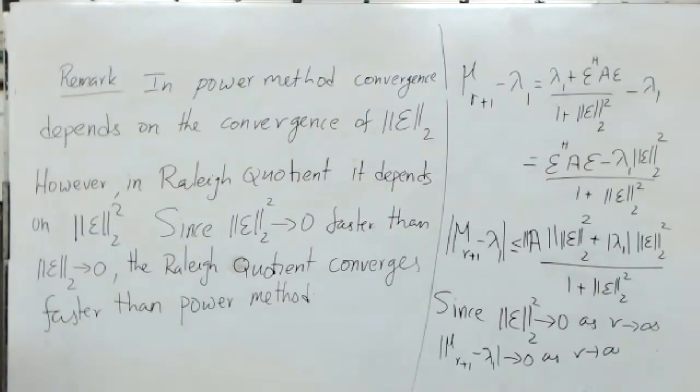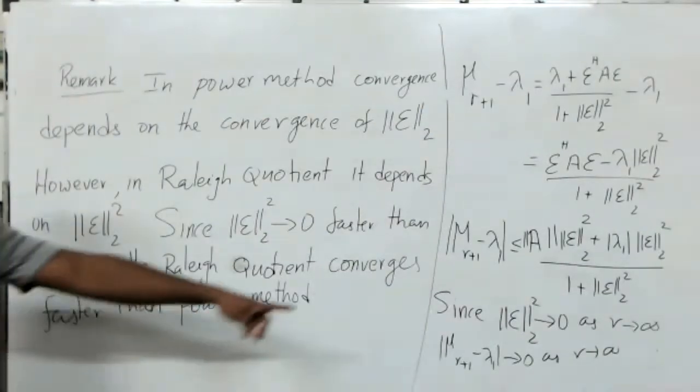That is basically the convergence of the 2-norm of epsilon in the power method.